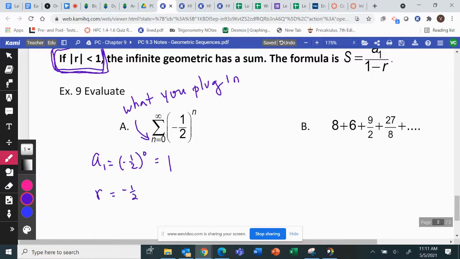So because this R is less than 1, we can do this formula. So S equals 1 over 1 minus negative a half.